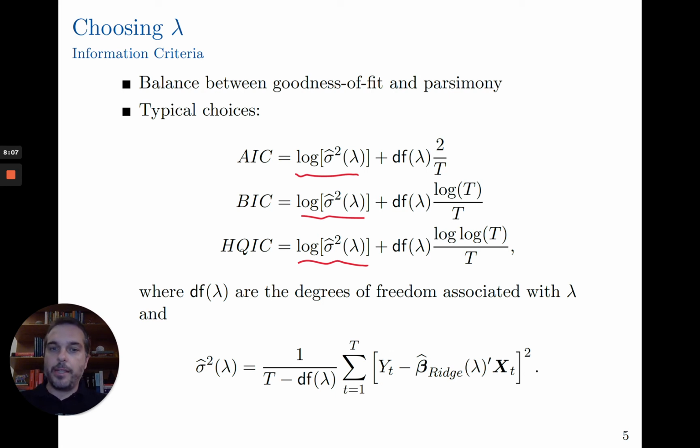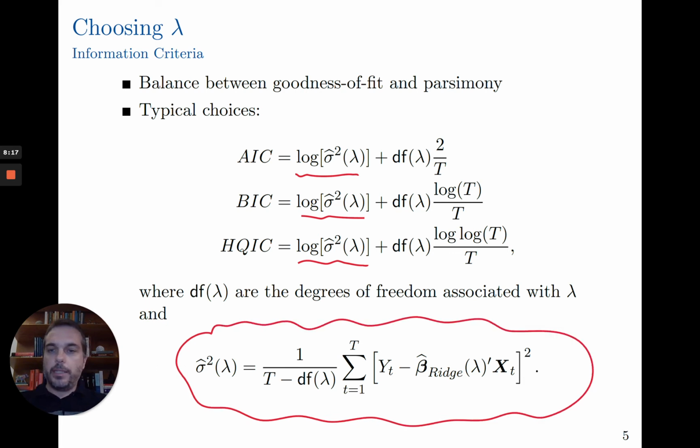So this is basically the variance of the fitting errors, and it's defined down here. So here is where we see the definition of the estimate of sigma square. It's sigma hat square, and sigma hat square is an estimator of the variance of the errors.